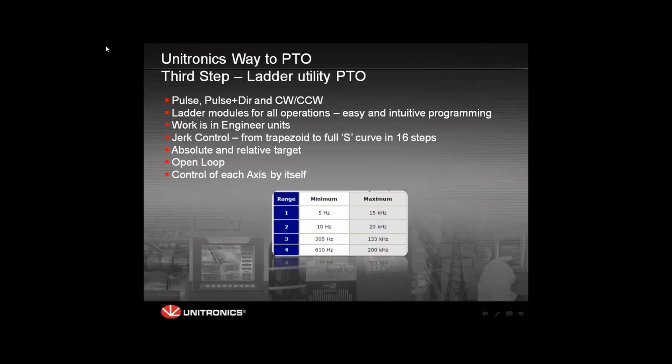What I mean is that the PTO uses two outputs, and one of them can be used for pulse, the other for direction, or you can use one output for the clockwise pulses and the second output for the counterclockwise pulses. The ladder models for all operations are very easy and intuitive to program. They are all performed from the ladder itself.